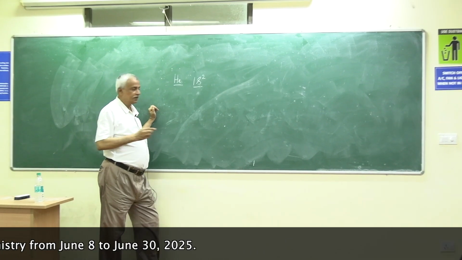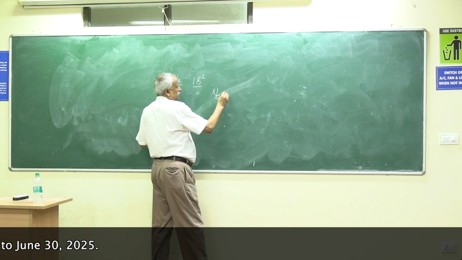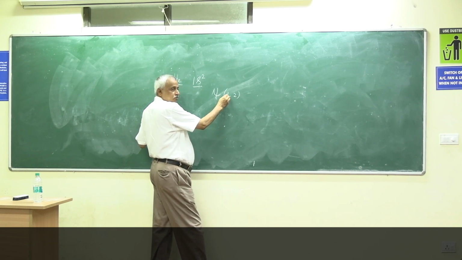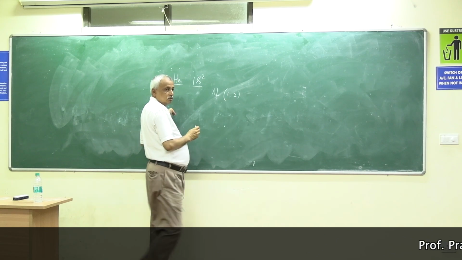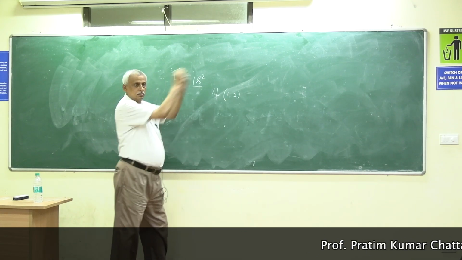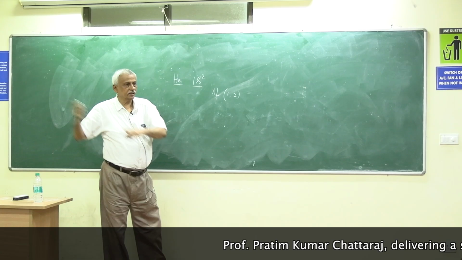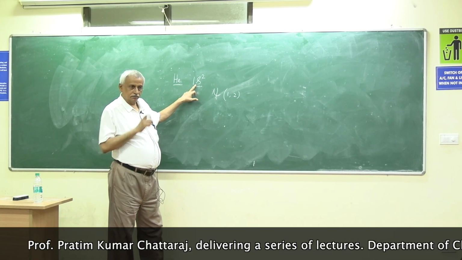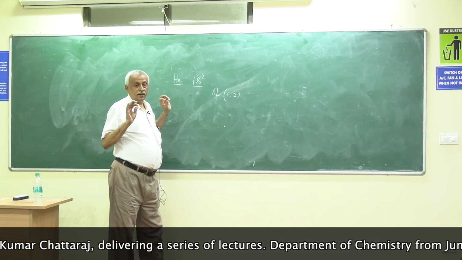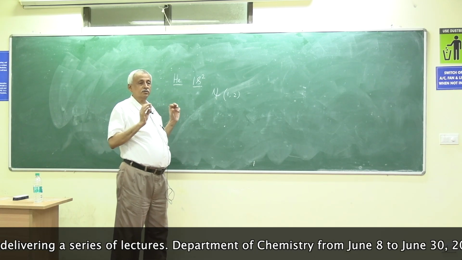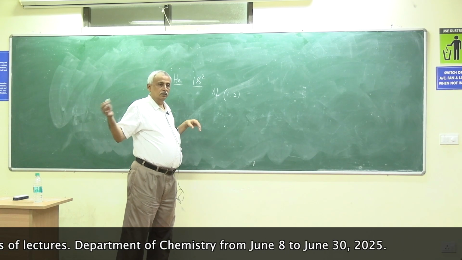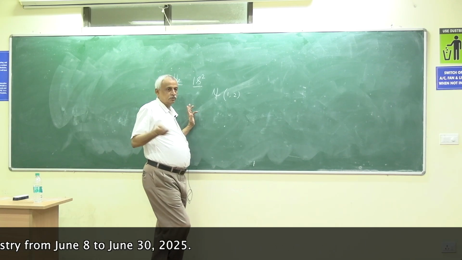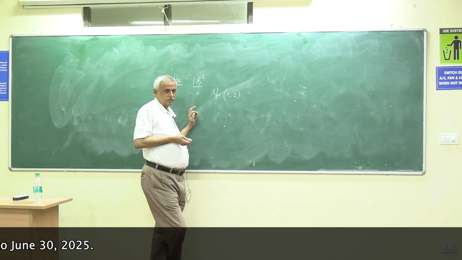Wave function of the helium atom means it would be psi, a function of the coordinates of electron 1 and coordinates of electron 2. But simultaneously, it's not that only one is here and only two sitting over there, as we have done it over here. Okay, but still, we will have to bring in somehow electron-electron interactions, which is not there. That we will show you when we talk about the interaction, like Hartree-Fock theory and others, how they come into the picture.